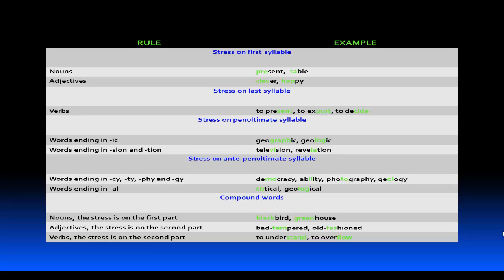Words ending in al: critical, geological. Compound words. For compound nouns, the stress is on the first part: blackbird, greenhouse.